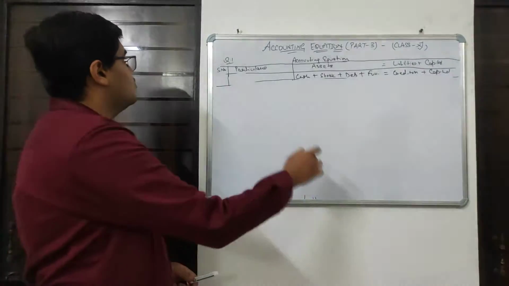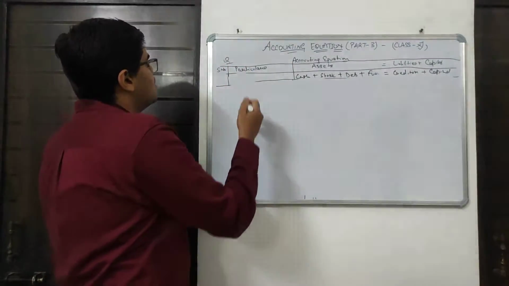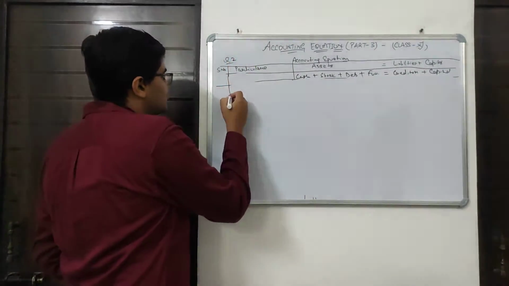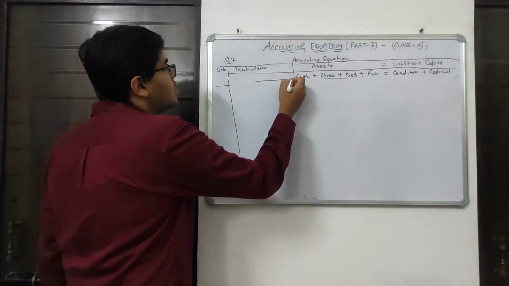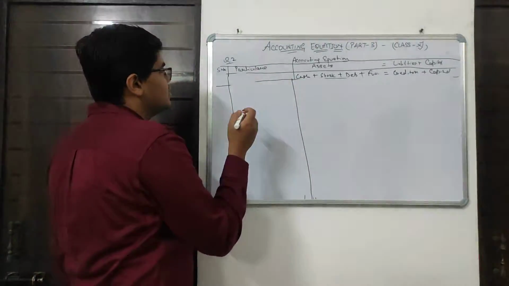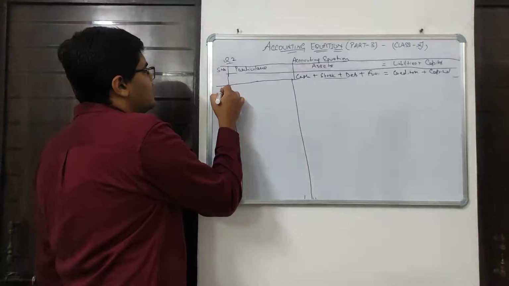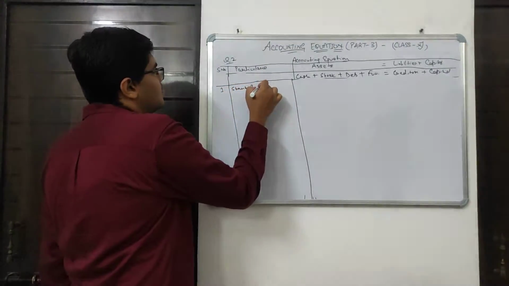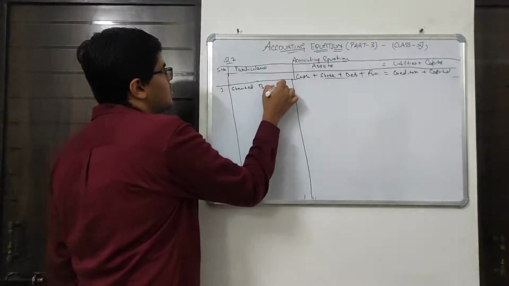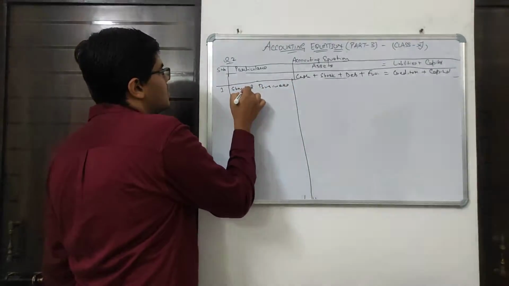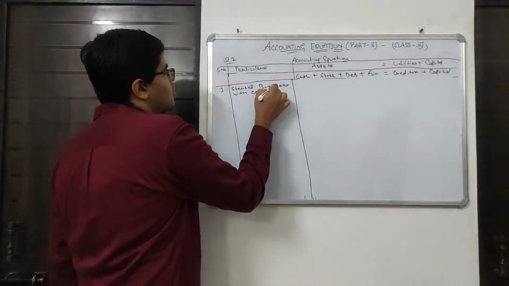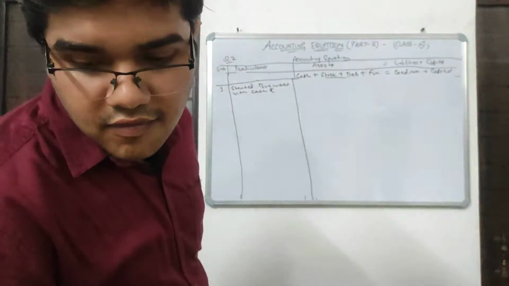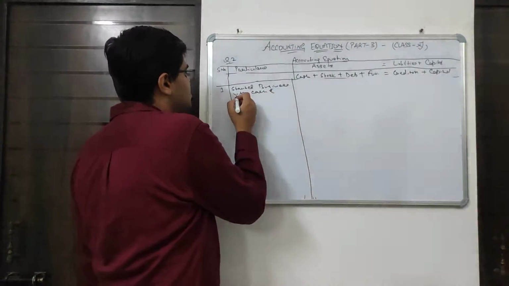So our question number 2, our first transaction is: first started business with cash rupees 1,20,000.